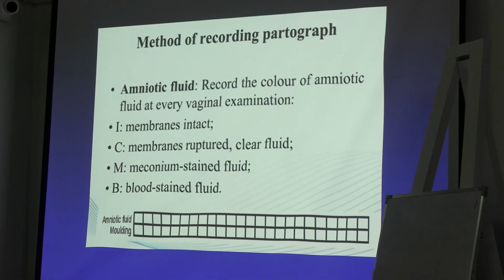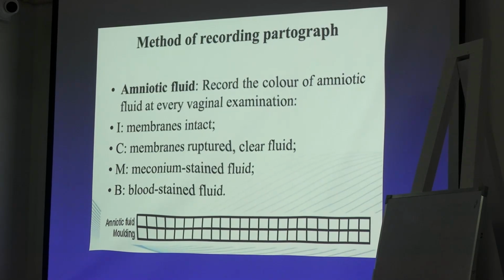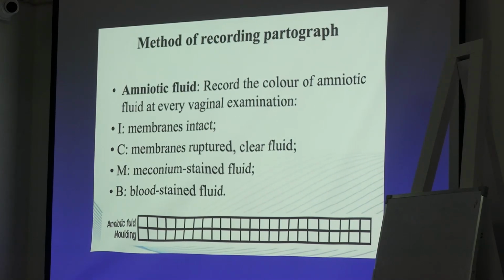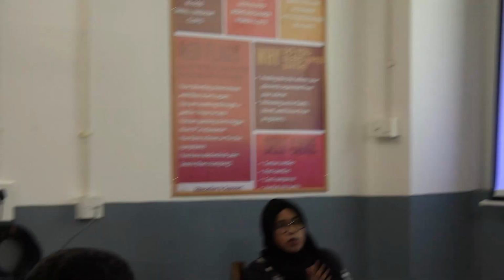When the oxygen level falls, the baby comes under stress and excretes meconium. Meconium is excreted, and the whole amniotic fluid becomes meconium stained. So whenever we see meconium stain like that, we are alerted that the baby is going into hypoxia. There can be hypoxic injury.